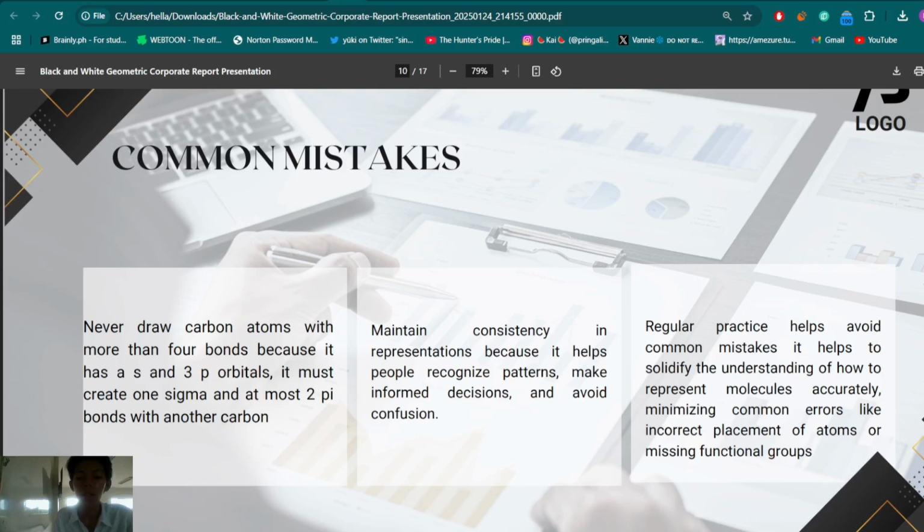Maintain consistency in representation because it helps people recognize patterns, make informed decisions, and avoid confusion. Regular practice helps avoid common mistakes. It helps solidify the understanding of how to represent molecules accurately, minimizing common errors like incorrect placement of atoms or missing functional groups.